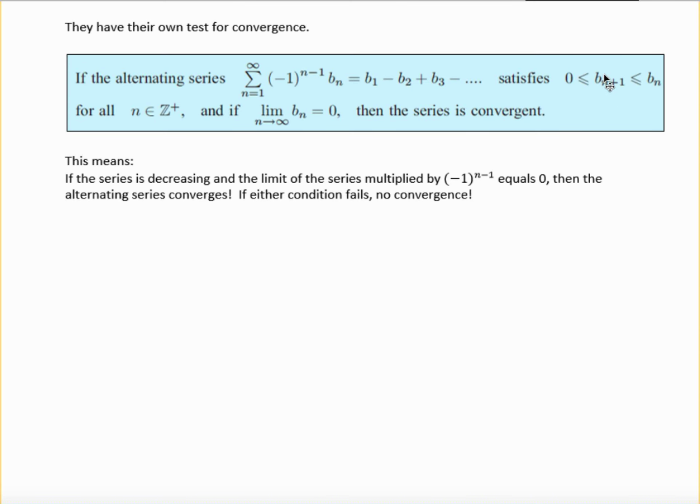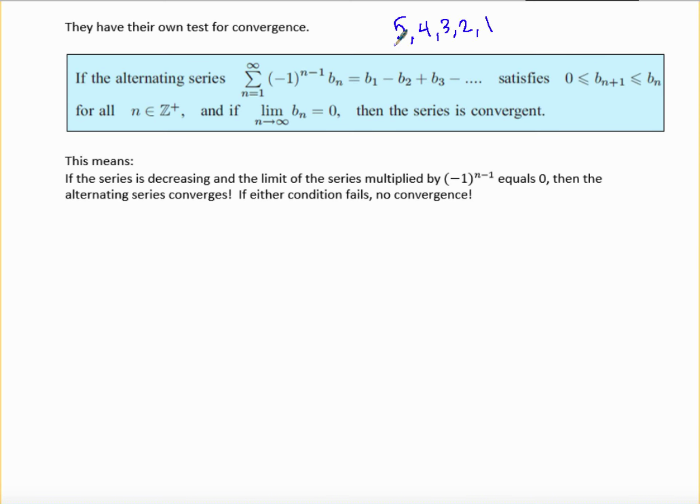This little piece right here says that 0 is less than or equal to b sub n plus 1, which is less than or equal to b sub n. If you have a decreasing series of numbers like 5, 4, 3, 2, 1, this is saying the next number is smaller than the one that came before it.